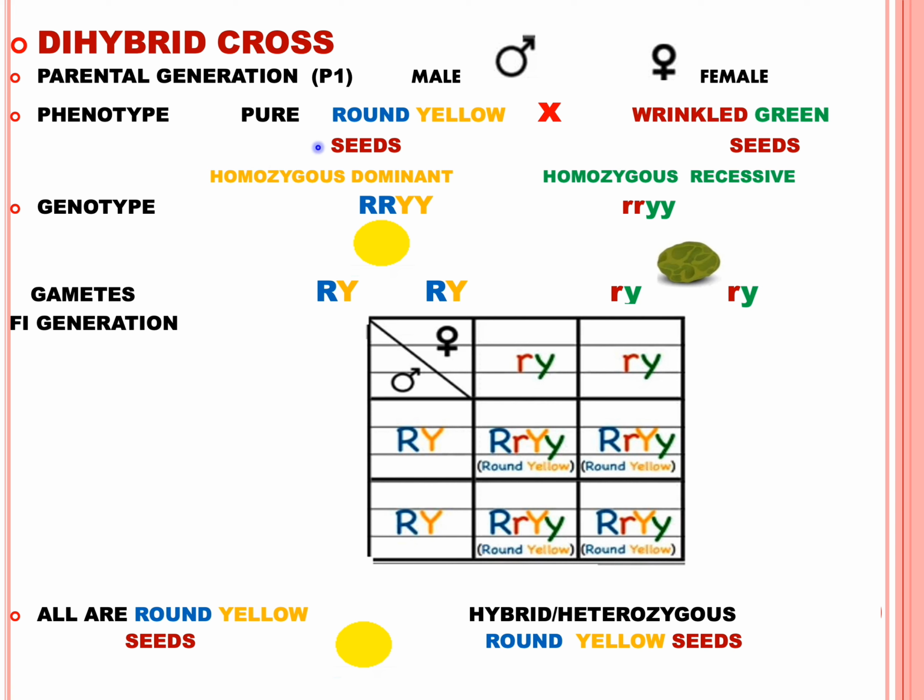So round and yellow seeds are the homozygous dominant traits, whereas wrinkled and green seeds are homozygous recessive traits.